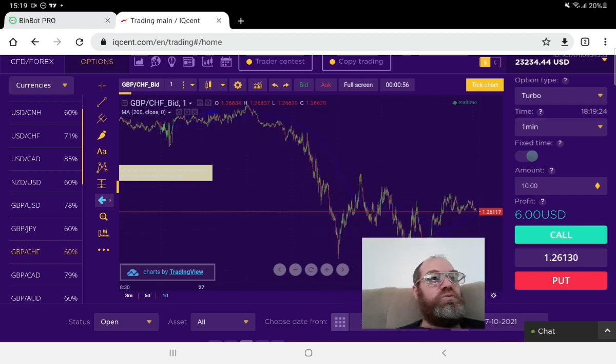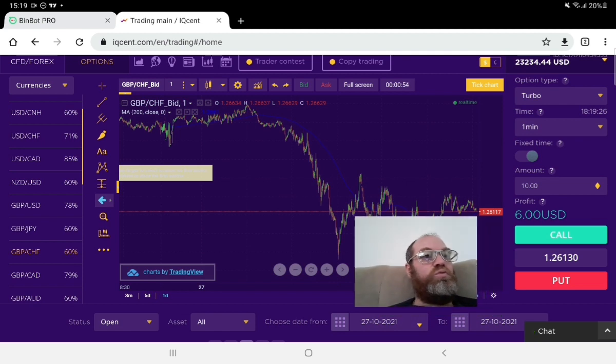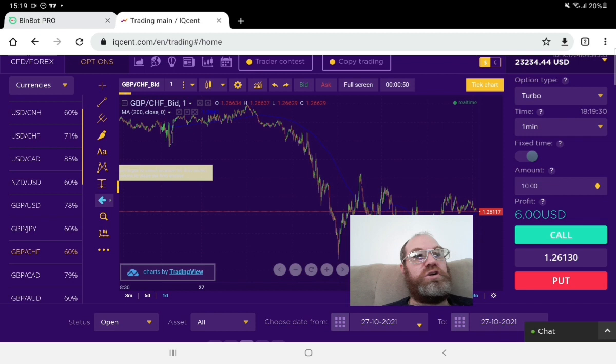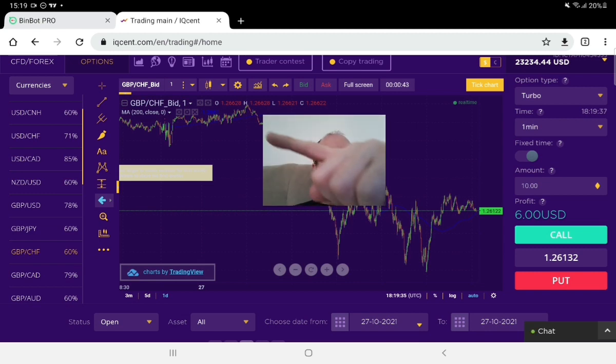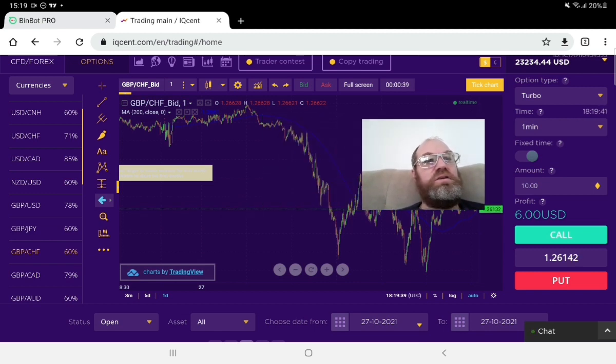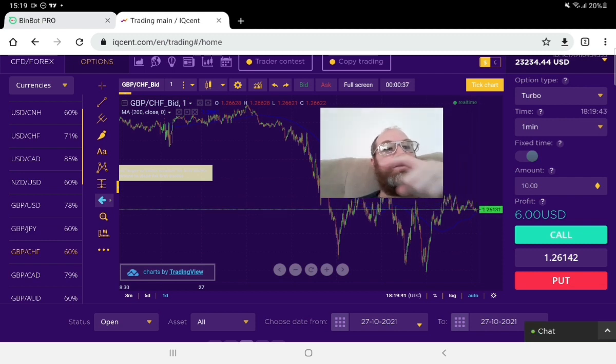Here, for example, we can do both buy and sell because we are basically flat on the chart. So if you look, for example, at this place here, from here you would only look for sell, and as you can see, the market is moving down. That means the chance for winning is much higher.